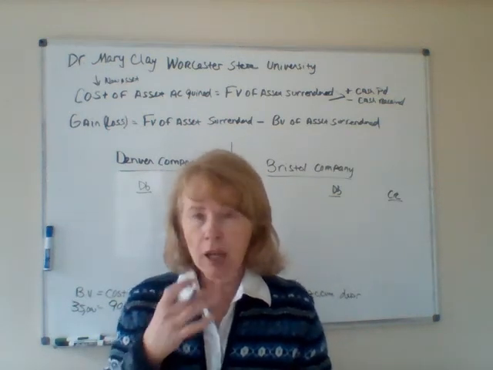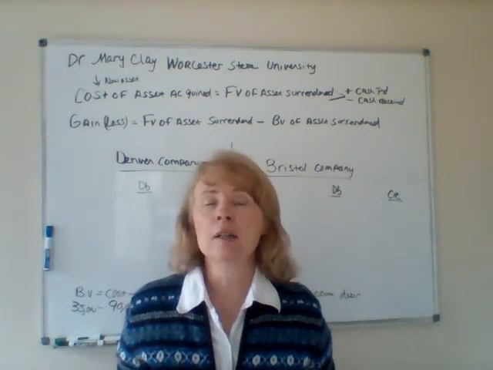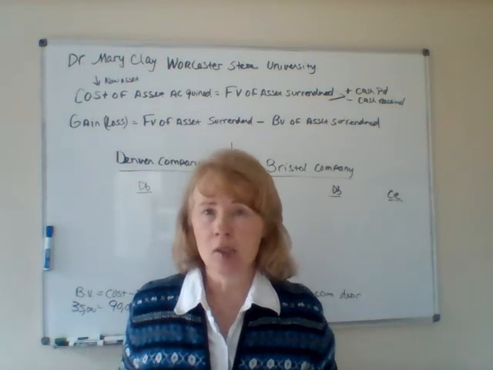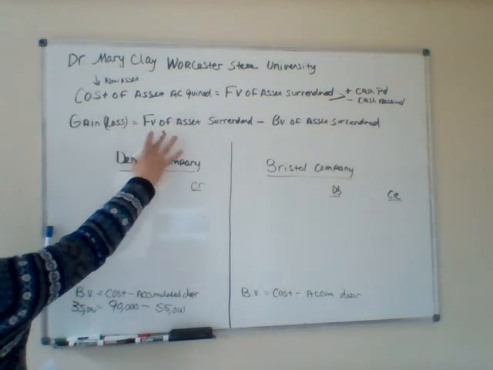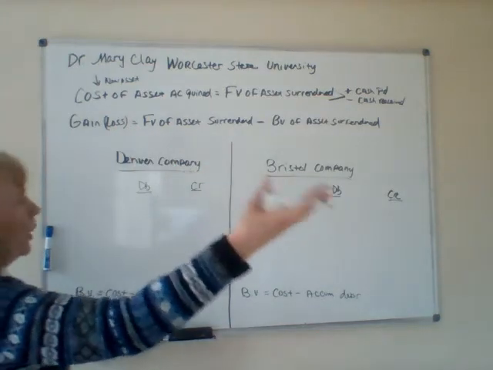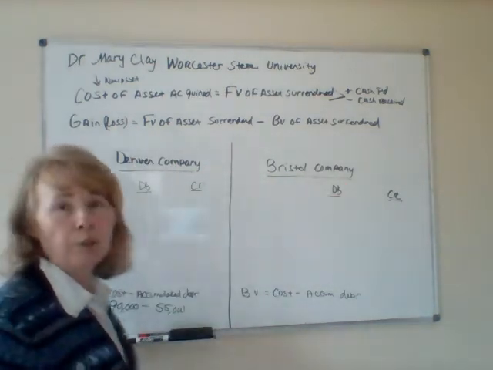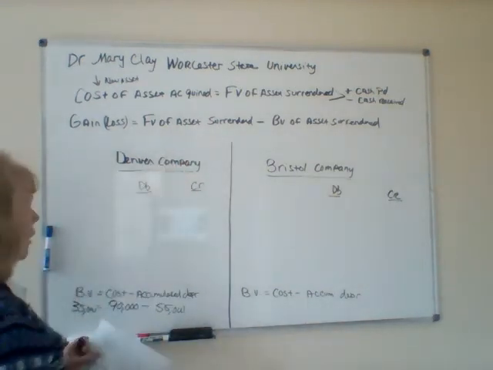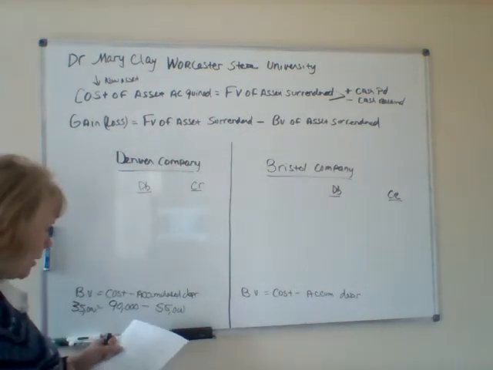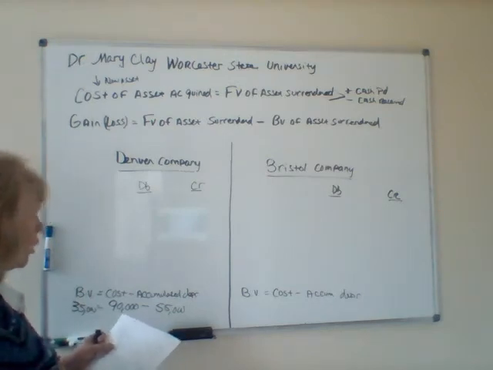The next thing I'm going to show you how to complete is the gain or loss on the transaction. Let's go back up here and work right from the notes, and then I'll erase it when I go over Bristol. Bristol is completely separate. The fair value of Denver Company's old asset, they changed it.